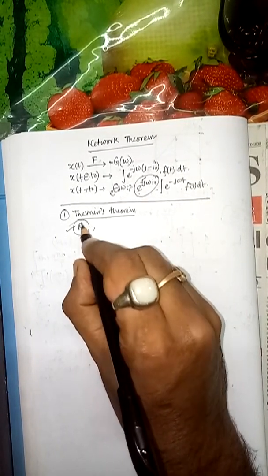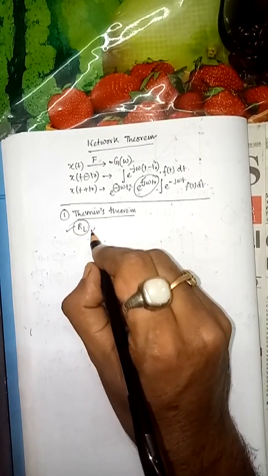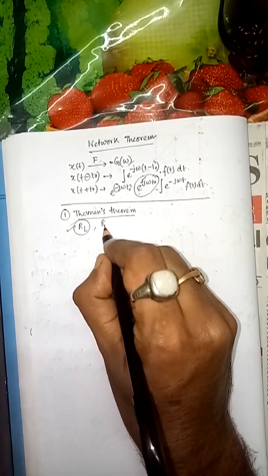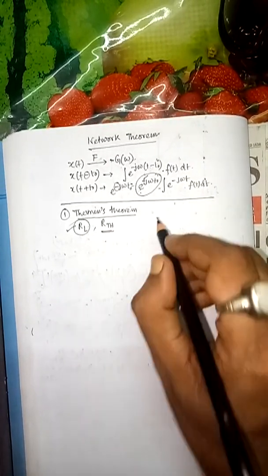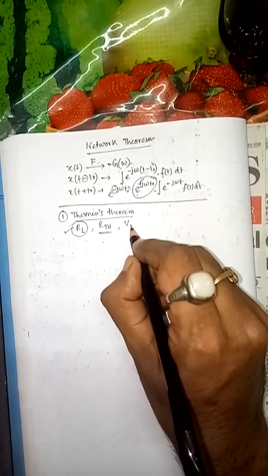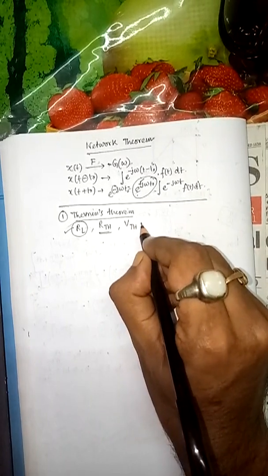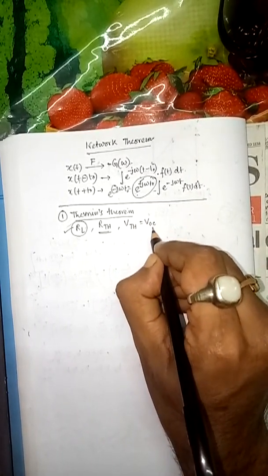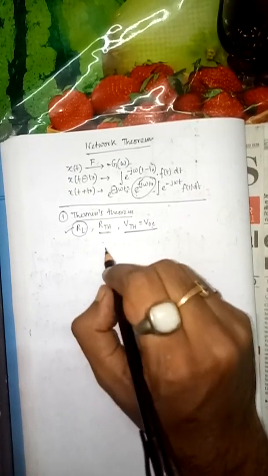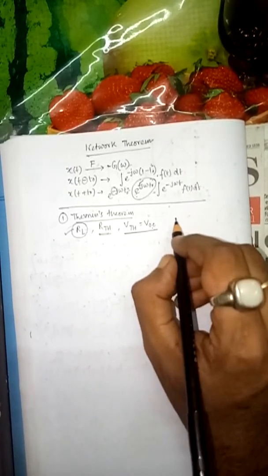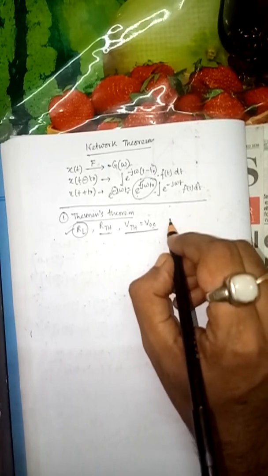The remaining part, leaving that RL, is called RTH, the Thevenin equivalent resistance. We also have to find VTH, or VOC, the open circuit voltage of the particular node on which I have to make the Thevenin voltage calculation.